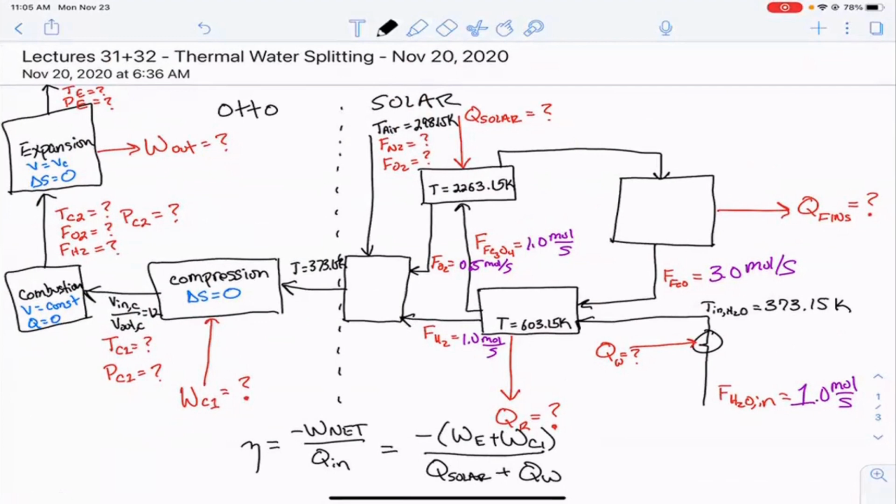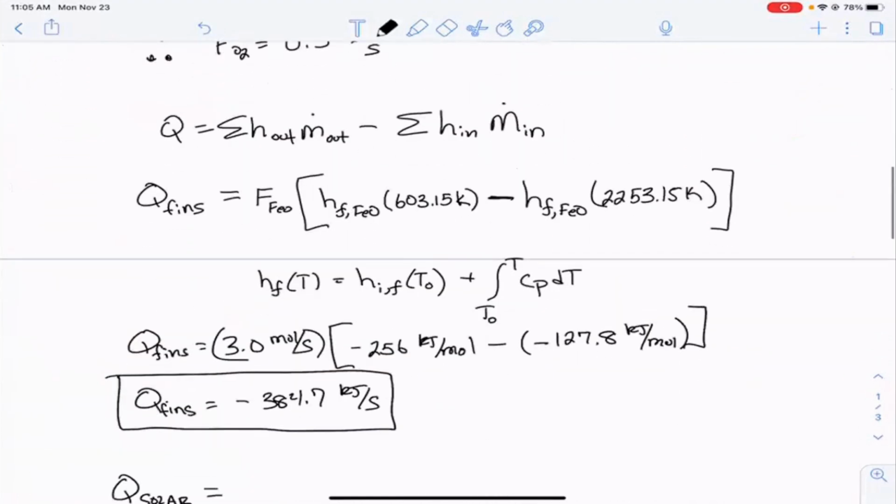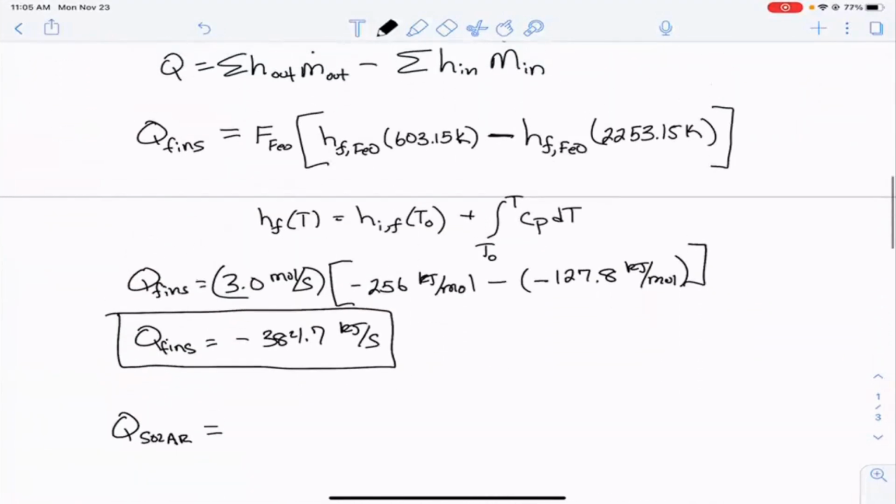Oxygen and FeO leave at this higher temperature, because that's the reason we need the fins, and Fe3O4 comes in at the lower temperature. So we use the same energy balance, that Q is the sum of the enthalpy out, m dot out, minus the enthalpy in times m dot in.